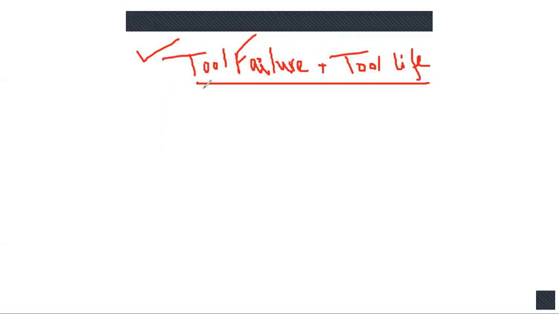That means tool cannot operate optimally, or tool become fail.